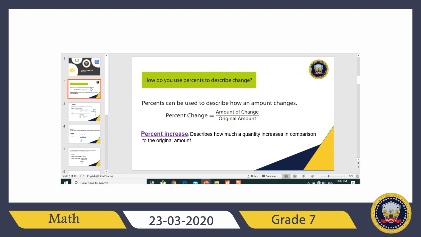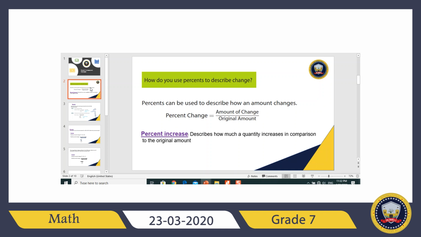Yani, let's say I tell you that you usually buy a bottle of water with 1 Turkish lira, then after 2 weeks you find out, when you go and buy a bottle of water, that it becomes 1.5 lira.